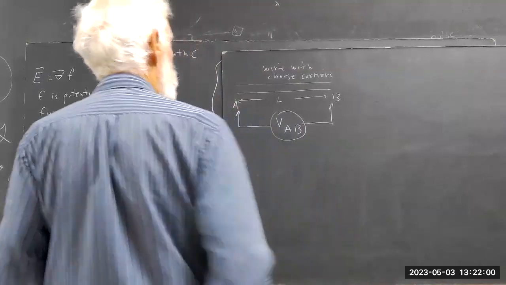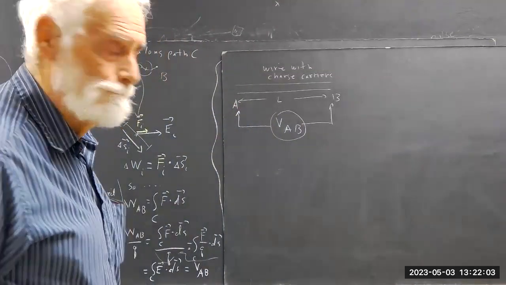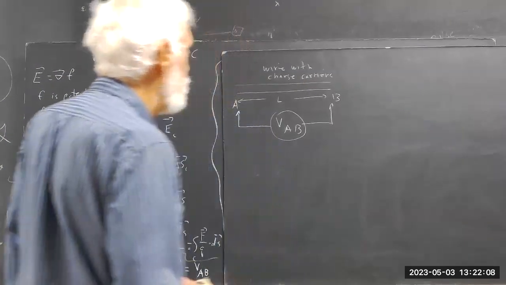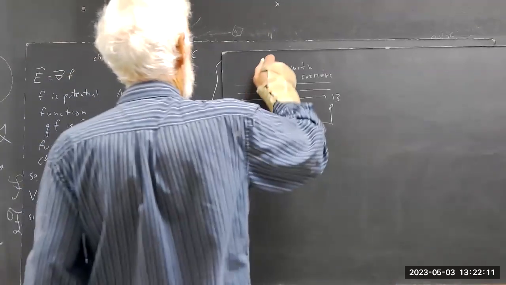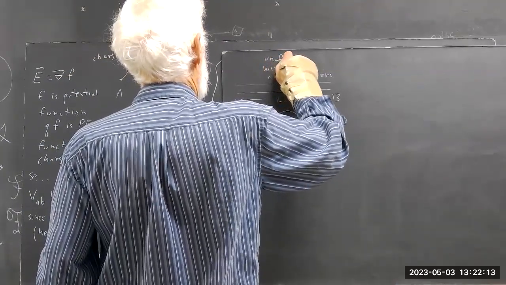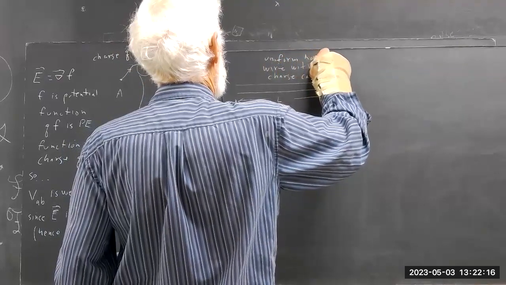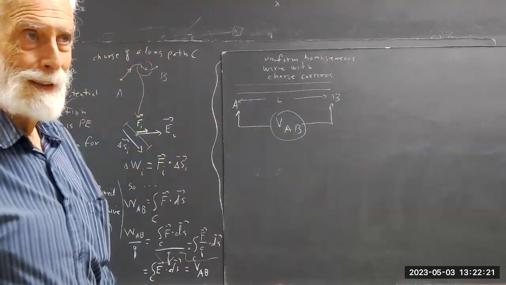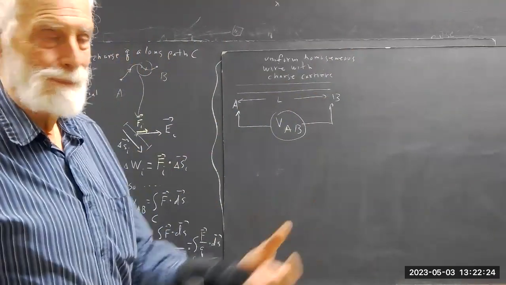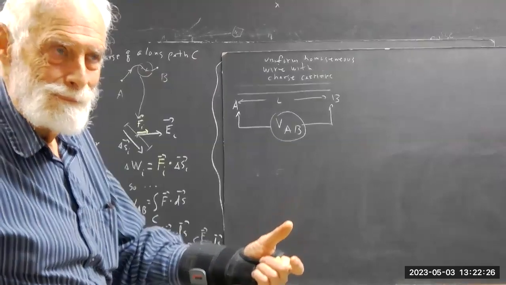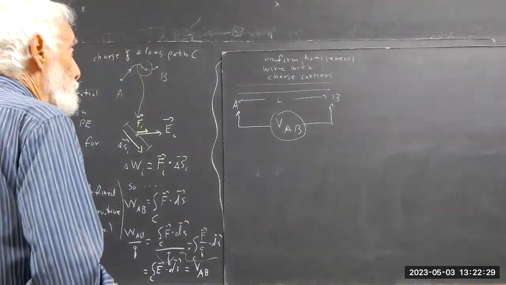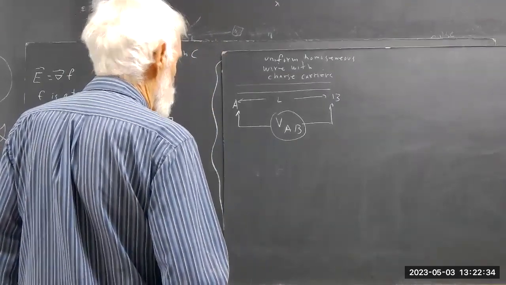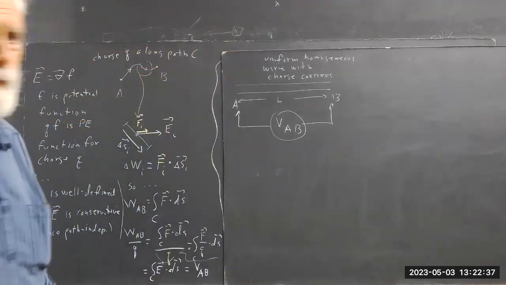Measuring the voltage. Now, if it's a uniform wire and homogeneous, with equal numbers of charge carriers and the same material distributed uniformly throughout, can you tell me what the electric field in that wire is?